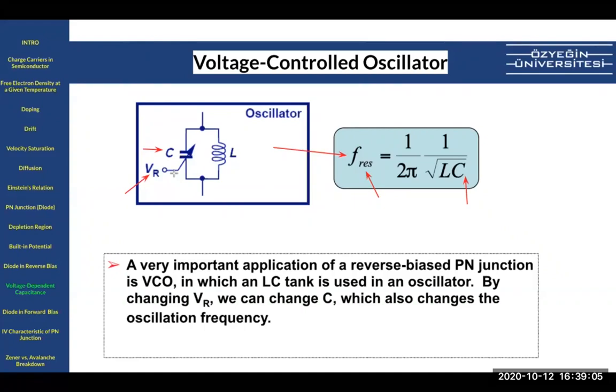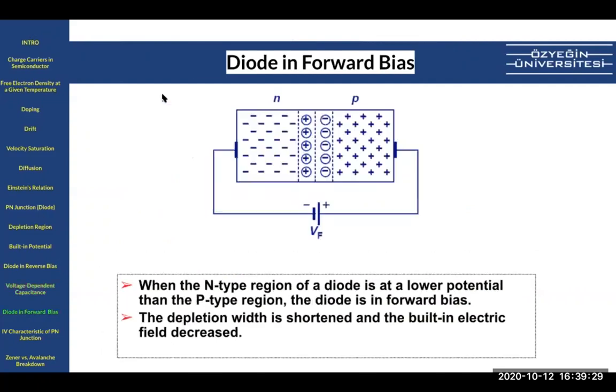If you got a 2.1 gigahertz signal, probably you want to mix it with a 2 gigahertz signal. And that's why this capacitance is very crucial for an oscillator. Okay, this is a very important application of a reverse bias PN junction. And let's go to the next slide.